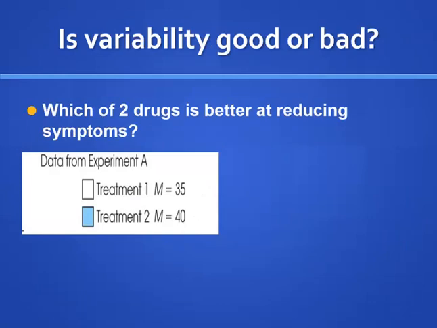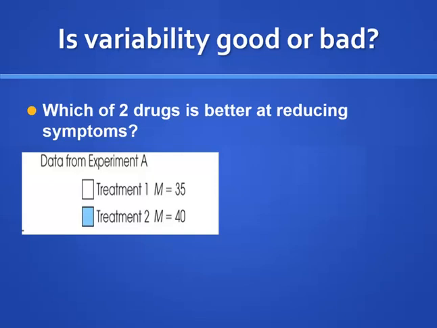Okay. So you also might be asking, sort of generally speaking, is variability good or bad? Remember, the goal of inferential statistics is to detect meaningful and significant patterns in research data. And so what we're asking is, do patterns observed in sample data reflect corresponding patterns in the population? Or are our observations simply random fluctuations that occur strictly by chance?